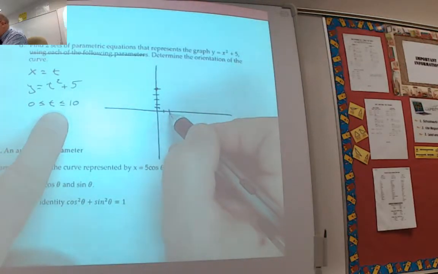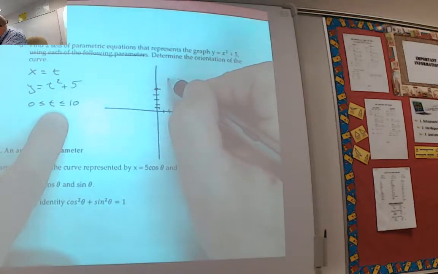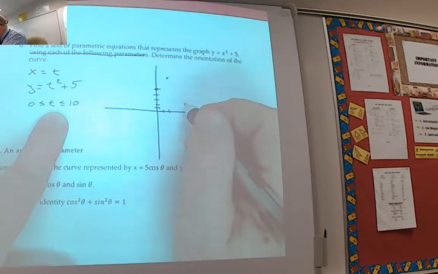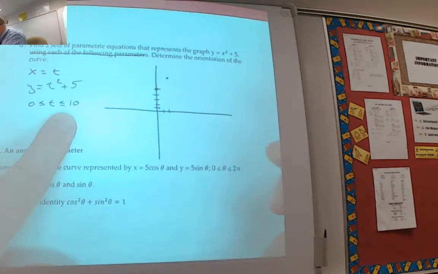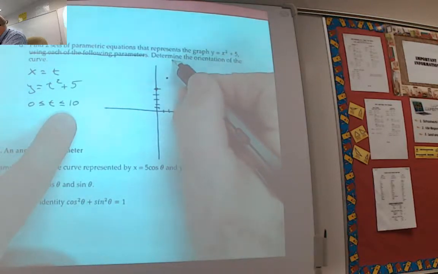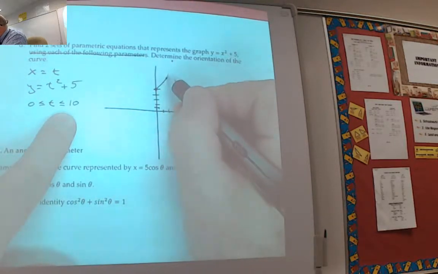I did not make this big enough. Well, this is where 2, 9 is going to be. I'm just going to keep it big. And then it's going to be 6, 41. So you can see this is the shape that it's going to be.